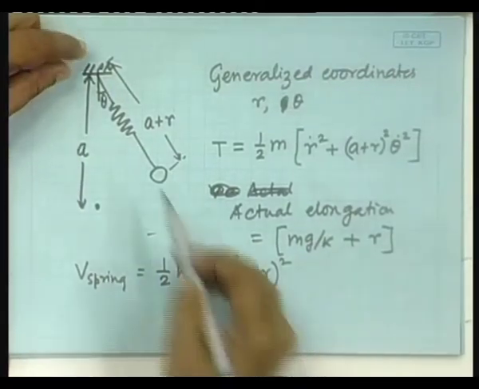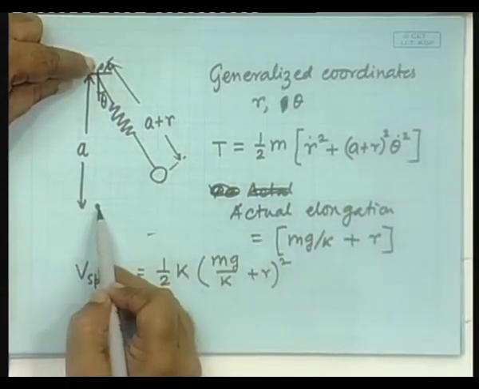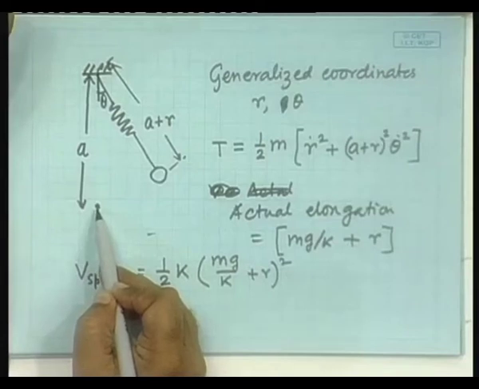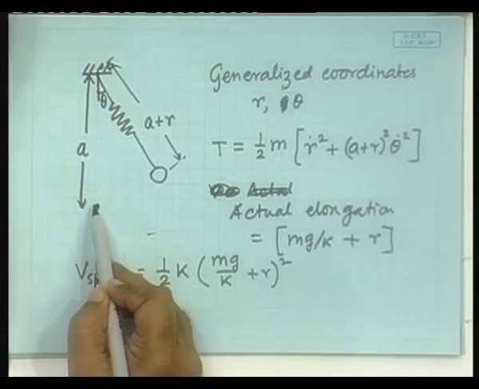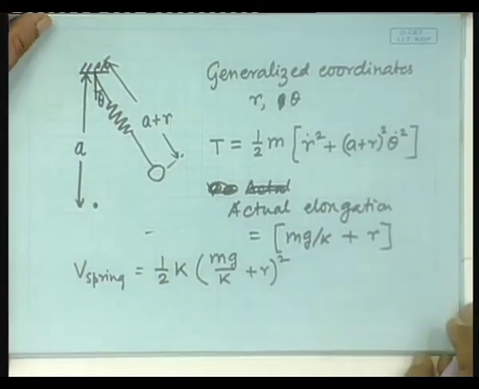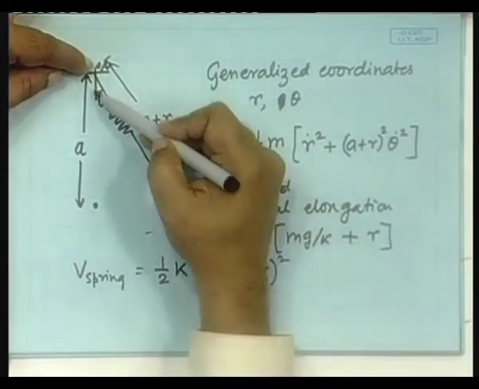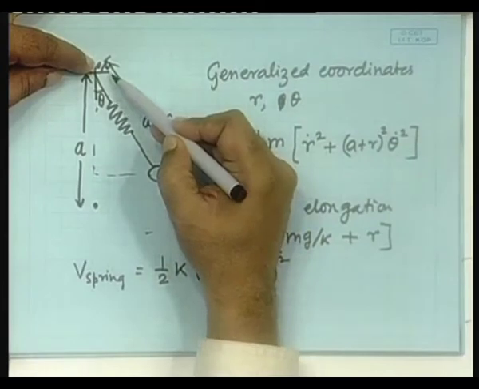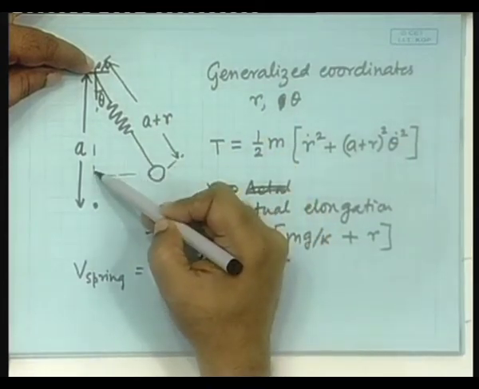When it is hanging vertically in this position, the gravitational energy is 0, and we are taking that as the datum and counting gravitational energy from there. So how much has it gone up from that position? This much is a plus r cos theta.